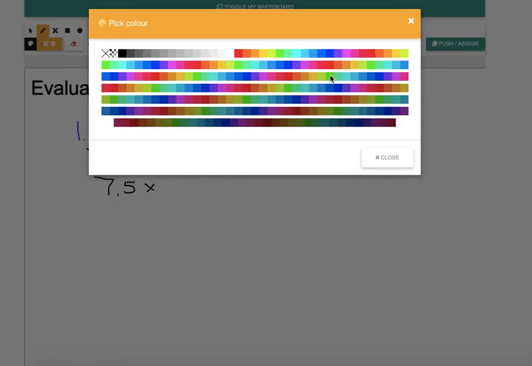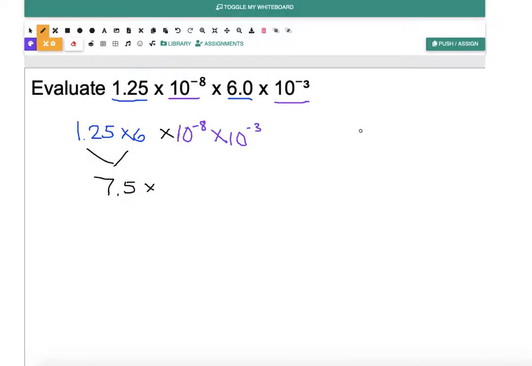3. And just so you take a closer look at that here on the side, what we're going to do is add the exponents. That is the rule when you have the same base and you're multiplying numbers that have exponents. So what you get is this. So that's going to give you 10 to the negative 11.